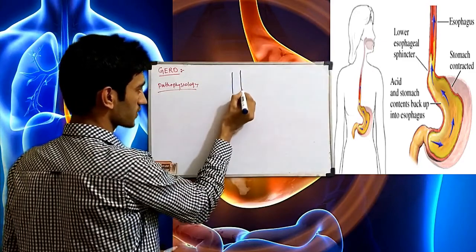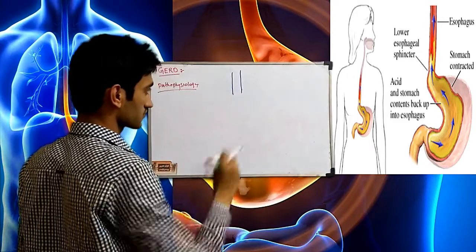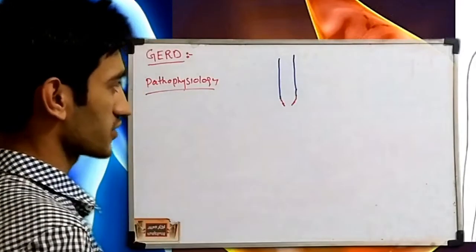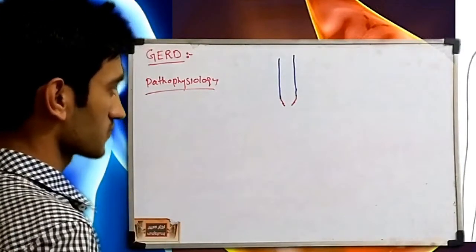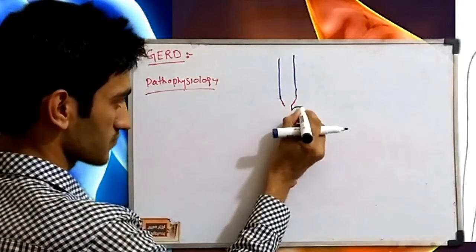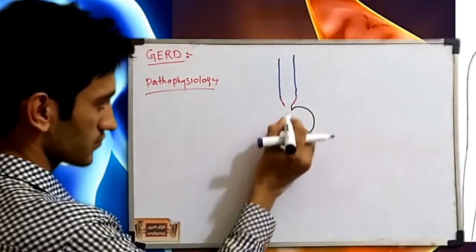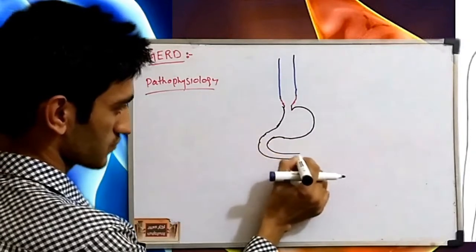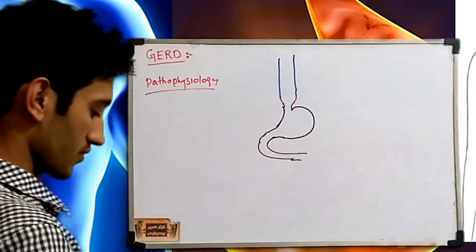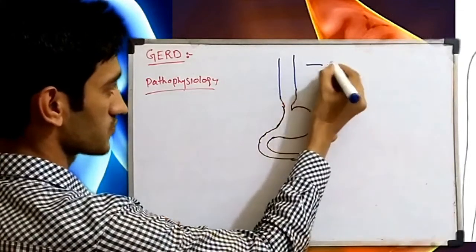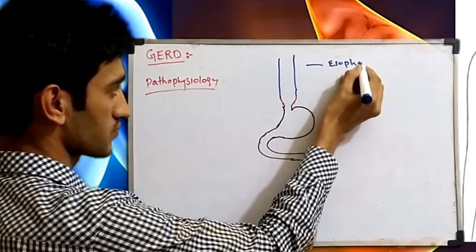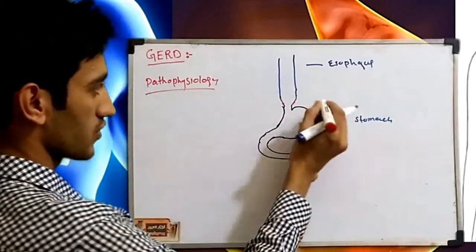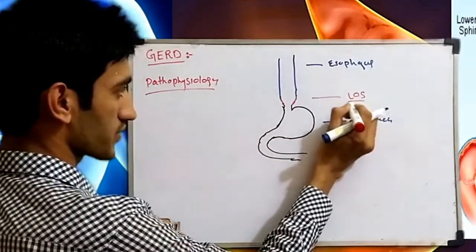Again, I will draw the same diagram. Esophagus, then sphincter, and the stomach. Lower esophageal sphincter.